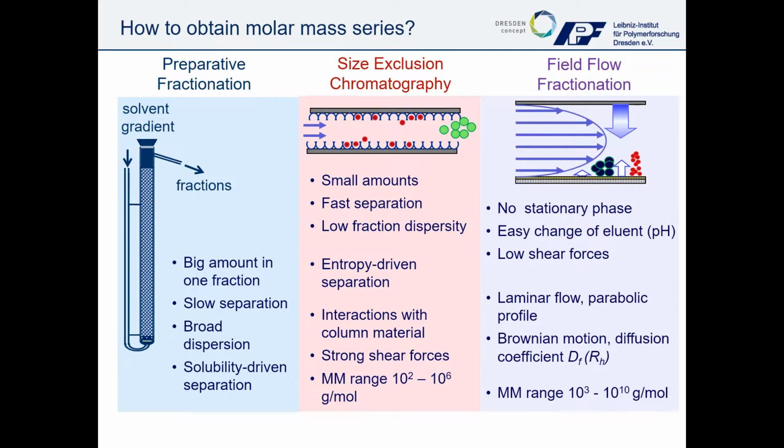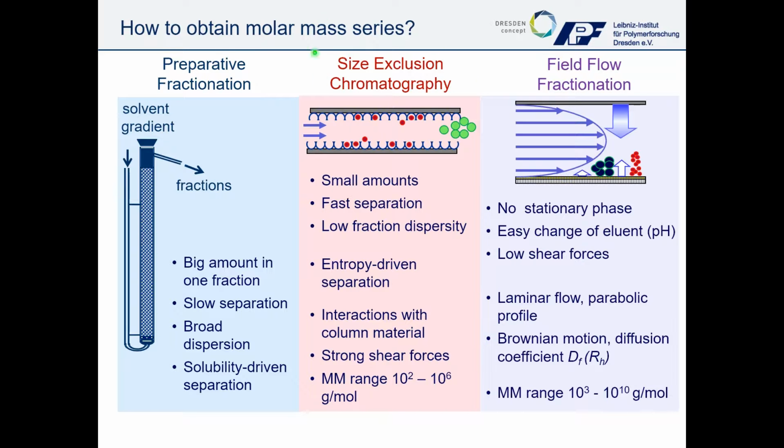This is not a problem when using size exclusion chromatography, which works very well from very low molar masses up to several millions. However, when working with bigger complexes, and especially with biomacromolecular systems, higher molar masses have to be taken into account, and here field flow fractionation is really very useful.